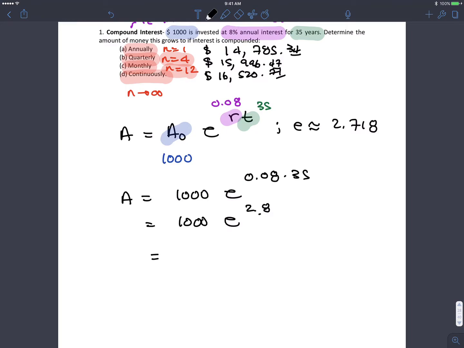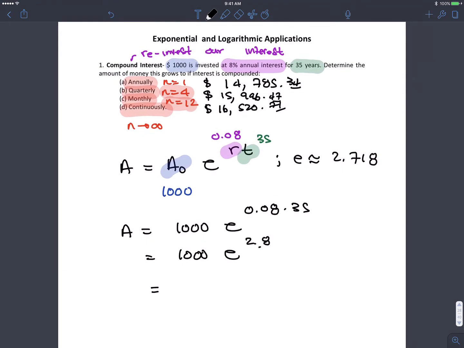And remember, this mimics the idea of interest being paid continuously or instantaneously. Your calculator should have an exponential function key. So I'm going to use this in my calculator. And what I end up getting is that this is about $16,444.65.